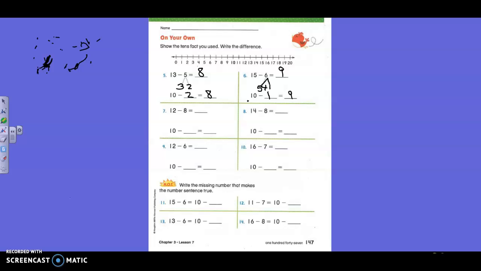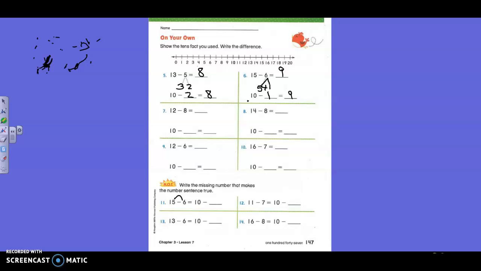On the bottom hot problem, it says write the missing number that makes the number sentence true. There are 2 numbers, an equal sign, another number, and then a blank. The 2 numbers that you know you are going to have to do the math for. 15 minus 6. Does anybody know 15 minus 6?